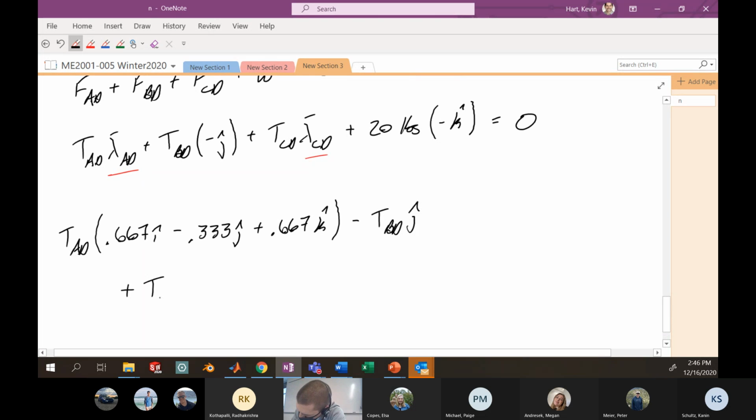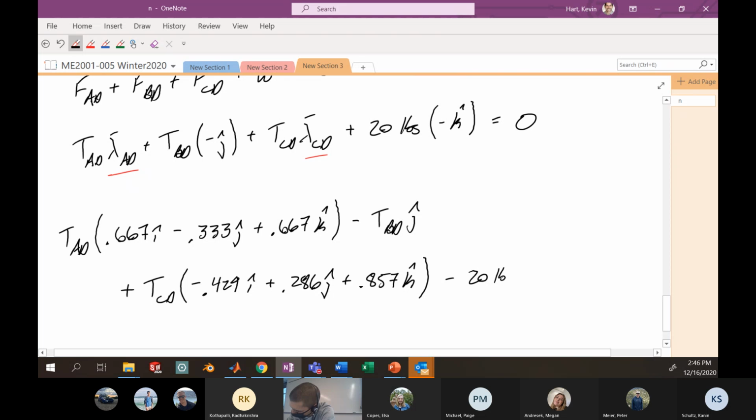Add to this the tension in CD multiplied by the unit vector along CD. Calculated this already, negative 0.429 I hat plus 0.286 J hat plus 0.857 K hat, minus 20 pounds in K hat, all equal to 0.